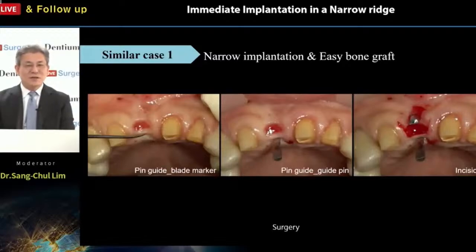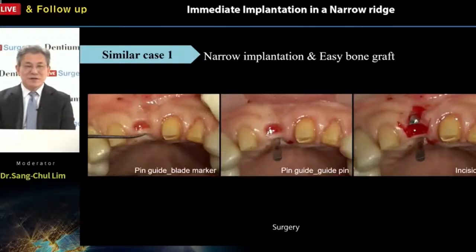In a flap open surgery case, after flap reflection, we see the underneath soft tissue areas and bone morphologies fully.